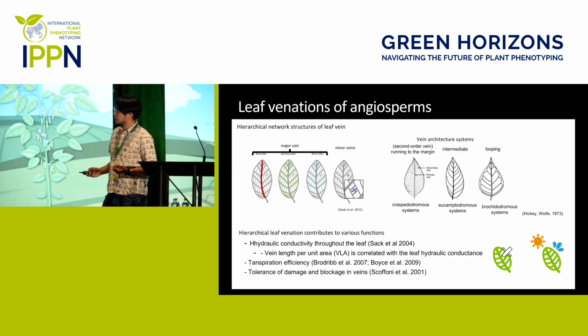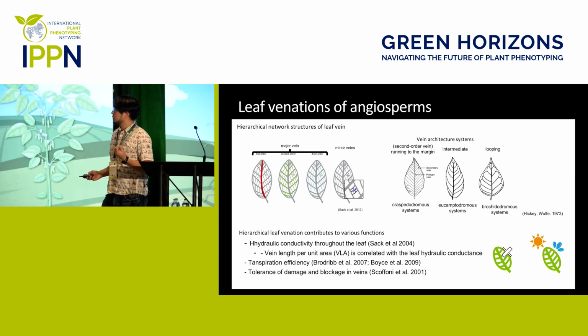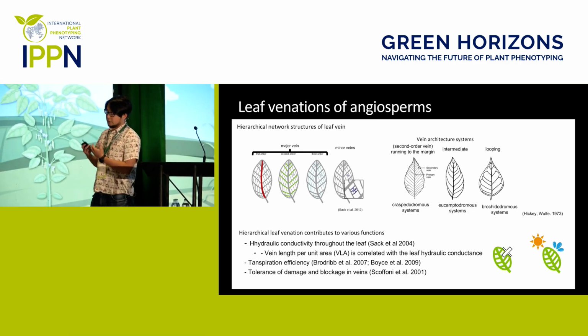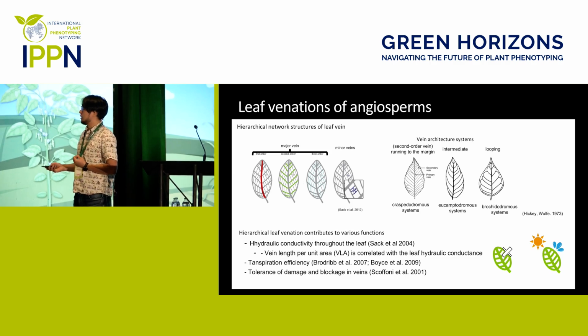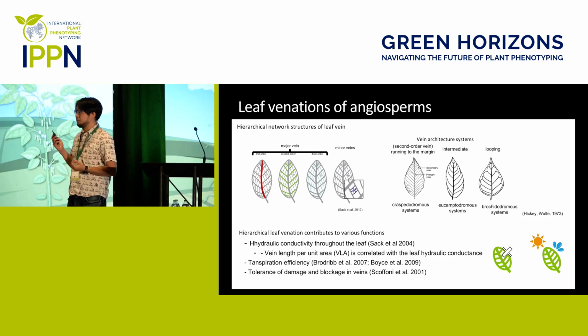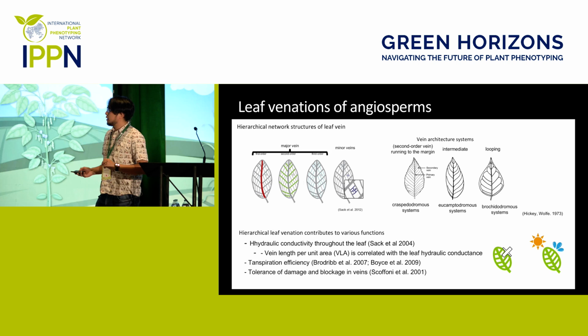For example, as I said, the leaf venation is the transportation network, so the hydraulic conductivity through the leaf strongly correlates to the leaf venation structure. For example, the vein length per unit area (VLA), also known as the leaf vein density, is known to correlate with the leaf hydraulic conductance.